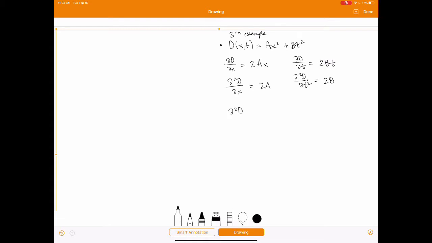Is it true that the second derivative with respect to time is equal to v squared times the second derivative with respect to position? In other words, is 2b, which is the time derivative, equal to v squared times 2a? No. That's not true. In this case, this is not a solution to the wave equation.